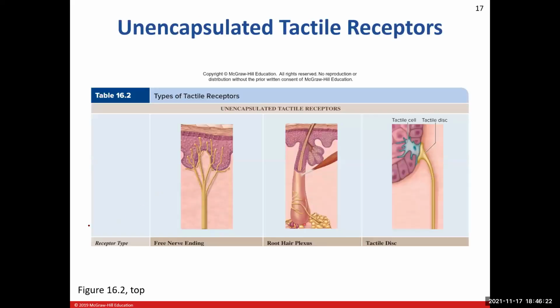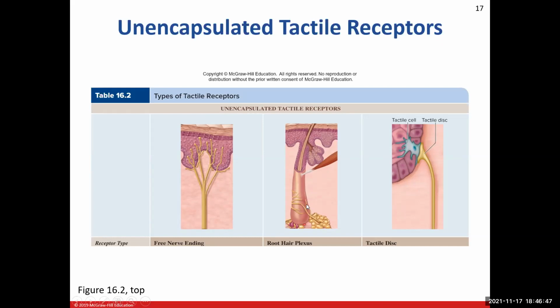If you look at the pictures here, you can see all the different types. Here are our free nerve endings. Here's your sensory neuron, and you can see how they're giving off all these different endings located in various regions. Again, mainly they'll transmit pain and temperature information, but they will provide some touch information too.